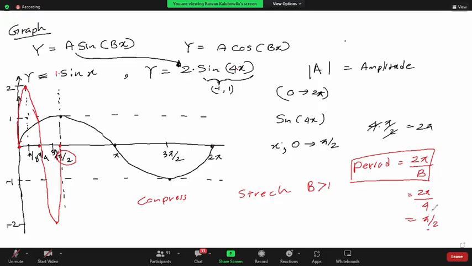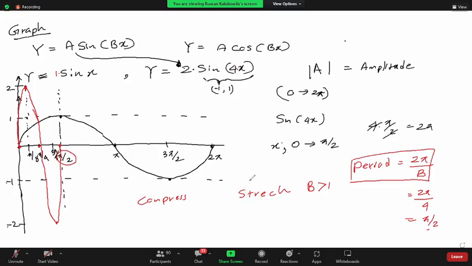You can simply find this out using this formula, or otherwise you can understand it by reasoning like this. Anyhow, you need to know this first. Then you know the playing area of the sine. Also, if the value of b is greater than 1, it is compressed.